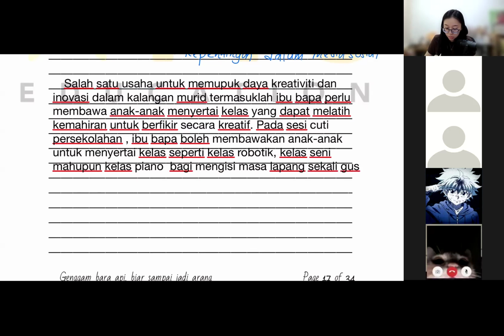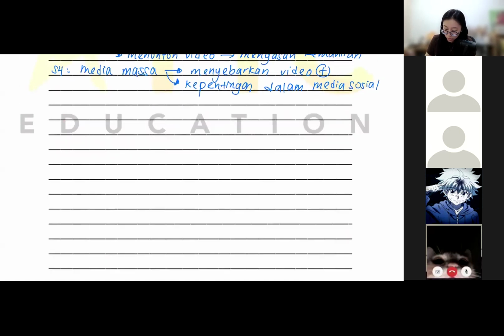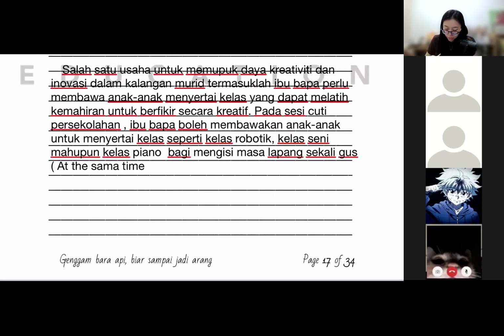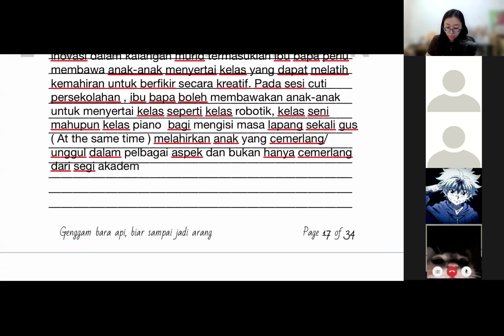Sekaligus, at the same time, melahirkan anak yang to produce the kids that is cemerlang, or you want to use unggul also, which is also excellence dalam berbagai aspek, every aspect, dan bukan hanya cemerlang dari segi academic saja, which means it's not just excellence in academic, but excellence in all kinds of aspect.